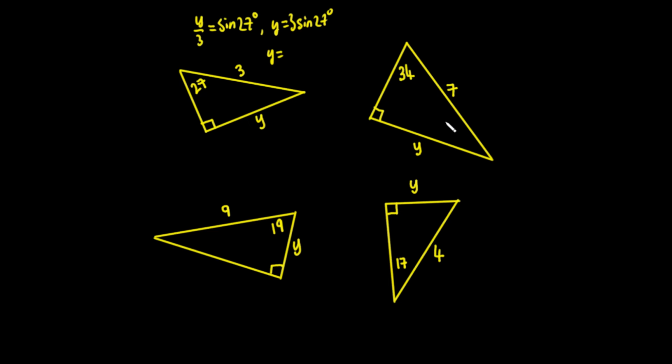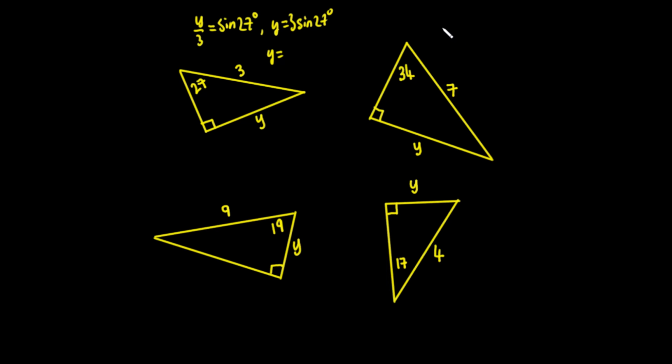Now this example here, again we have a value here of 34 degrees. We're looking to find the value of y, and this length here is 7. So you can see again that the length y is opposite the angle 34 degrees. So this here is the opposite of this angle.